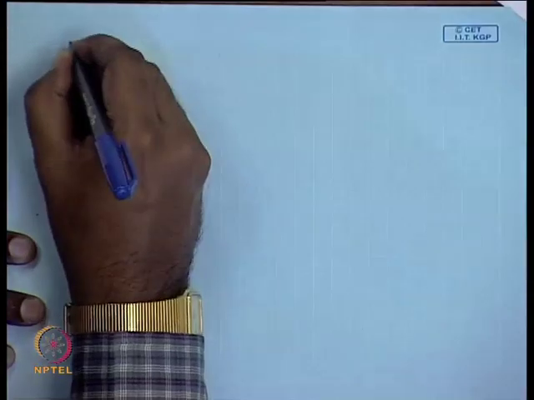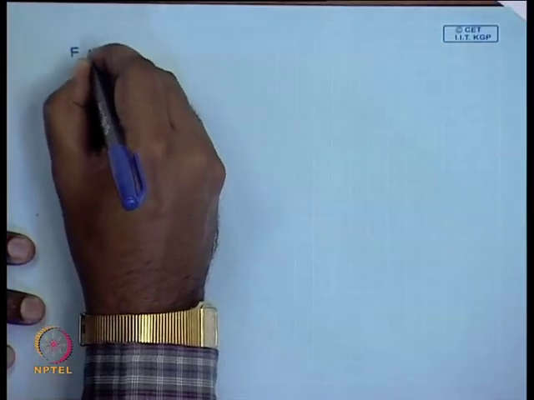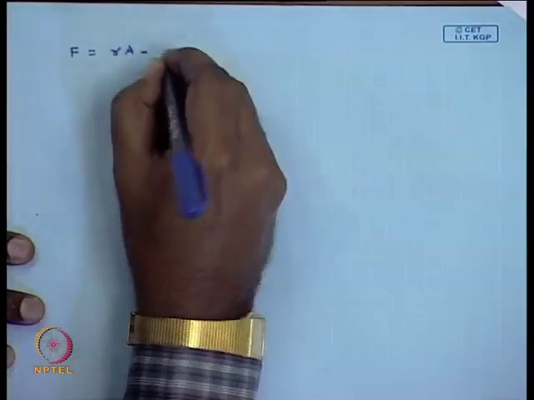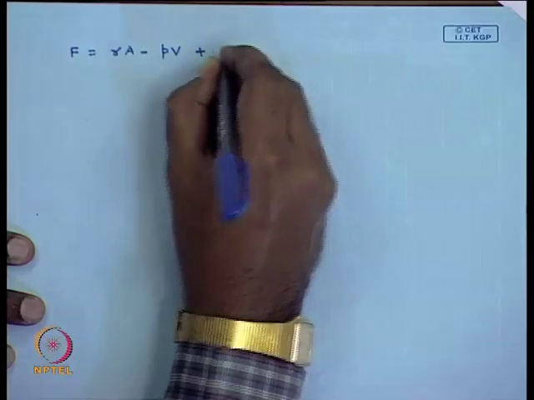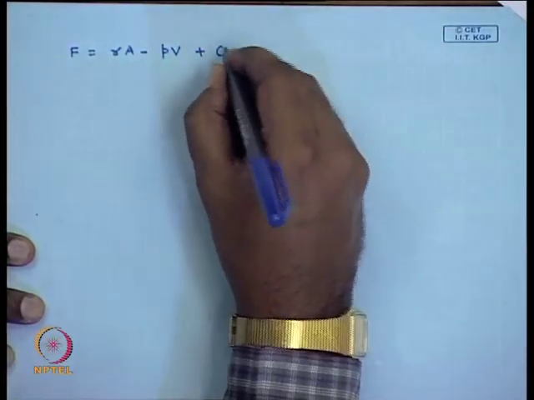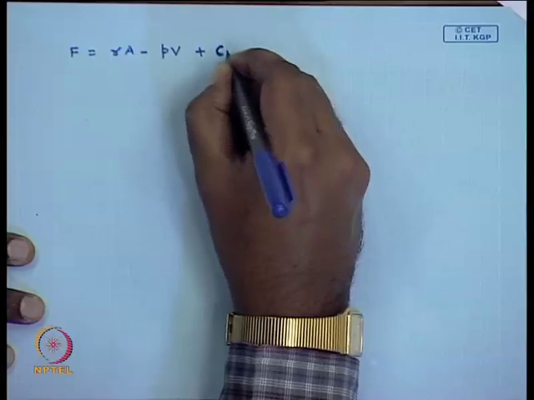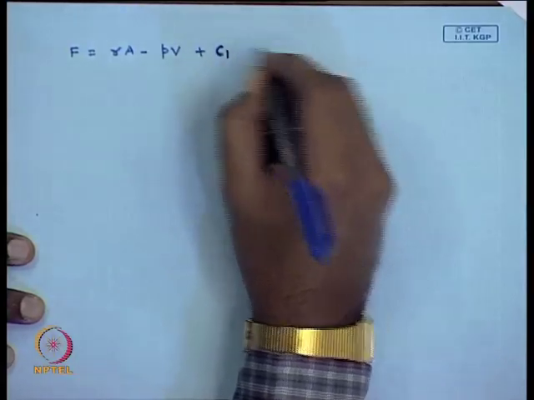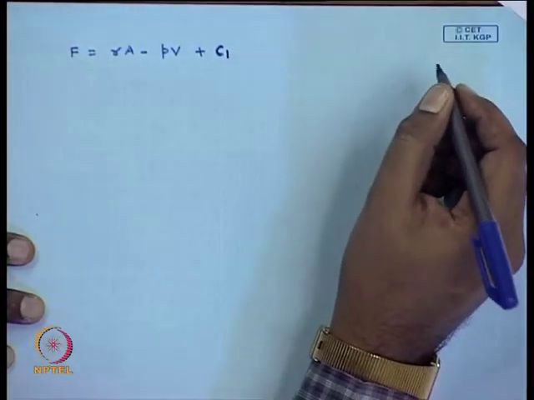So, what we eventually get is that F is gamma A minus PV plus, let us say, a constant C1, which now has the Gibbs free energy term based on the chemical potential included into it.